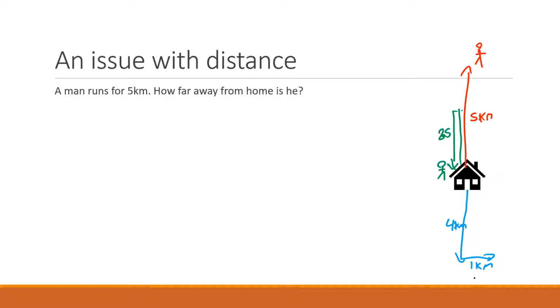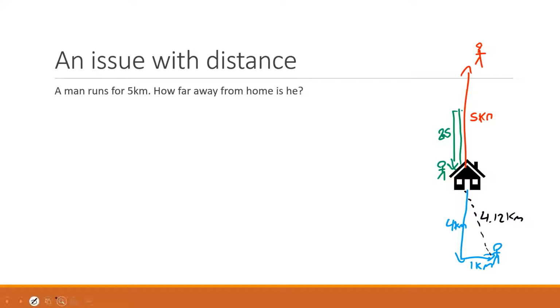He's still run 5 kilometers, but his distance from home is actually not 5 either. His distance from home is this distance here, which happens to be 4.12 kilometers.